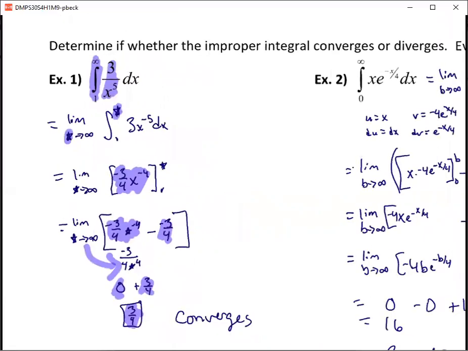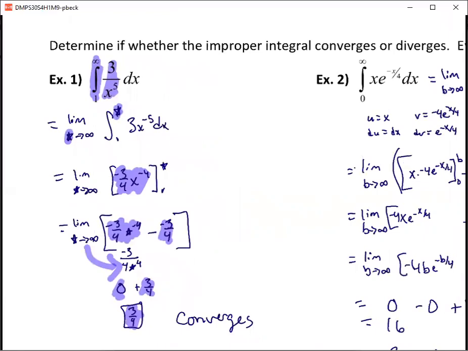So what this means is we are able to find, or like add up, a bunch of infinite values. And when I say that, what I'm kind of referencing is the 3 over x to the 5th. It's going to be a really, really small value. But remember, we did this by Riemann sums, that we're saying eventually we are going to have a countable amount of rectangles that we are going to be able to add together.